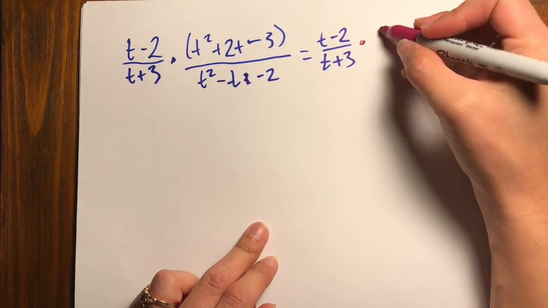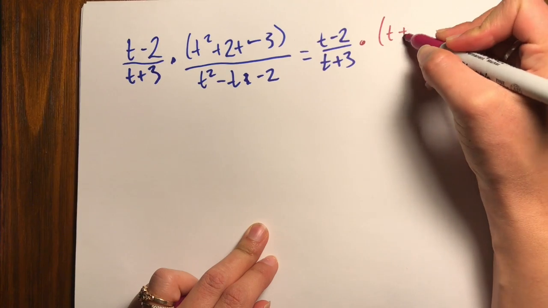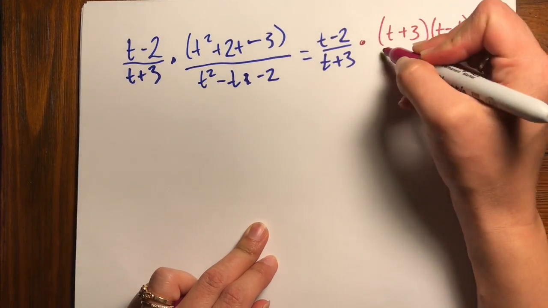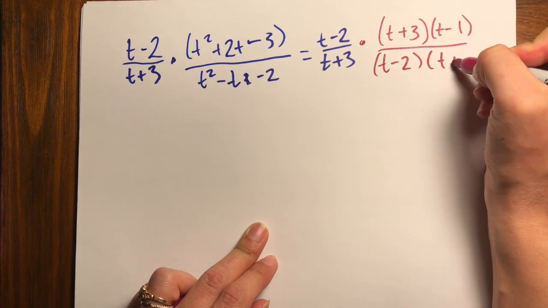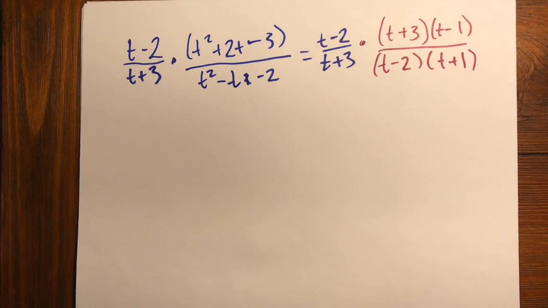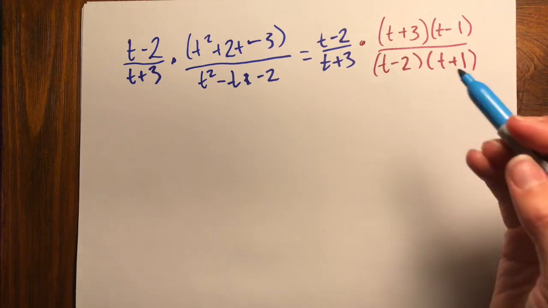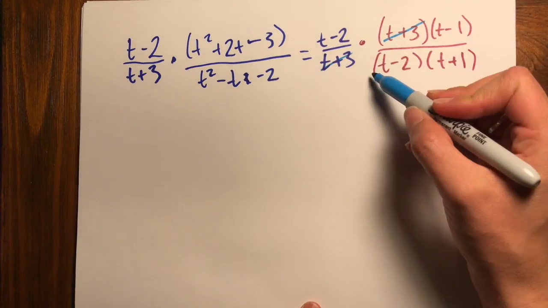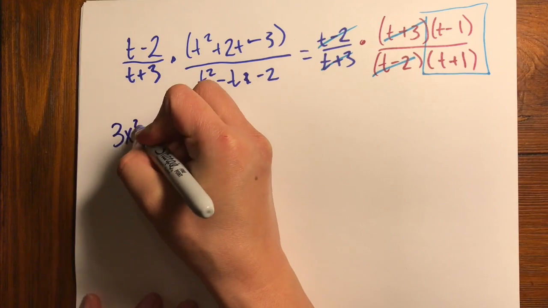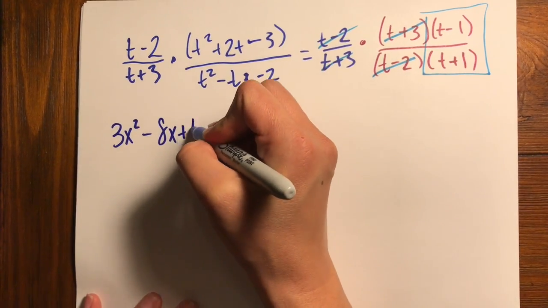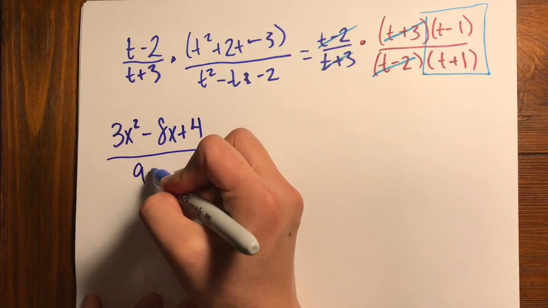We get t minus 2 times t plus 3, and then on the top we'll factor that into t minus 1, t plus 3, and then the bottom will be t minus 2, t plus 1. So I realize that I can cancel the t plus 3's, which is nice. I can also cancel the t minus 2's, and I'm left with a satisfying, much more simple term of t minus 1 over t plus 1.